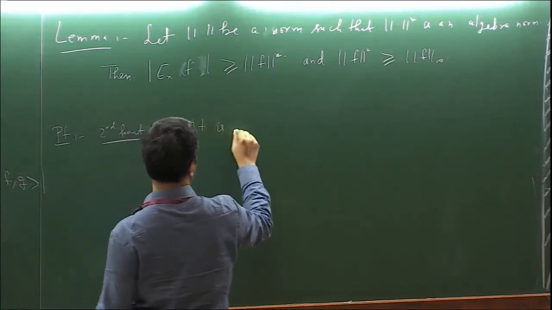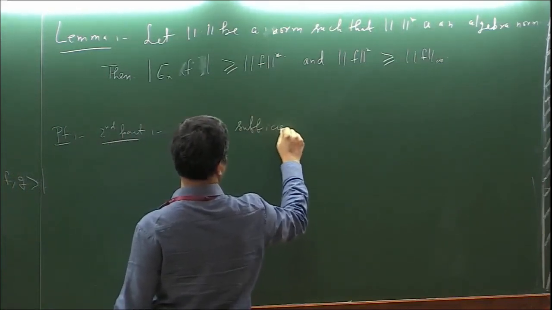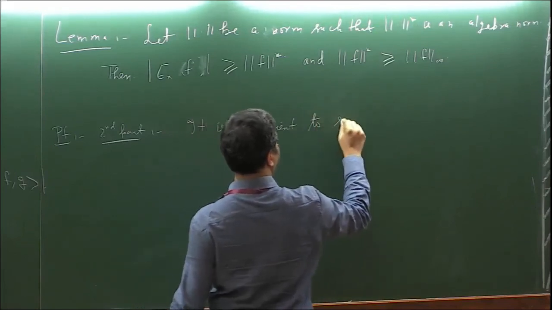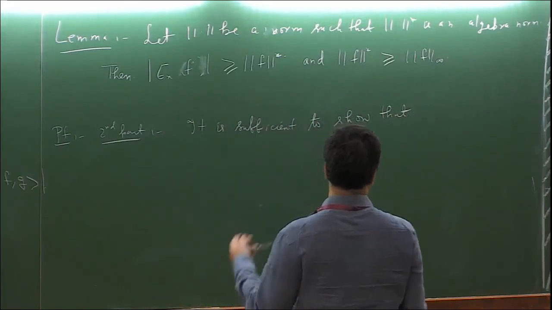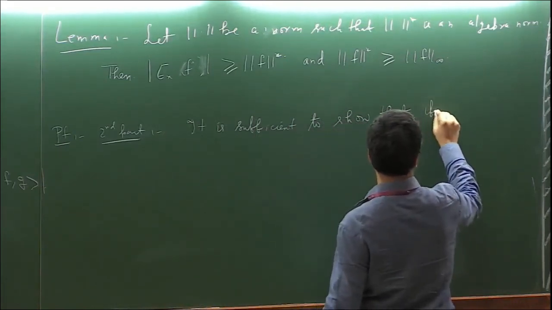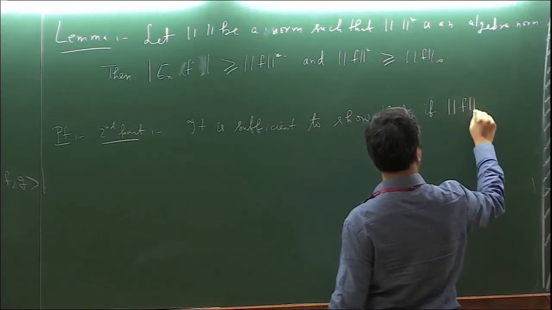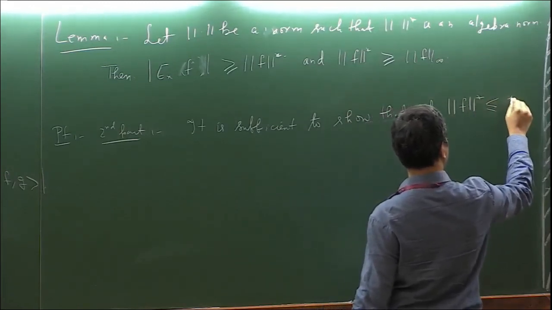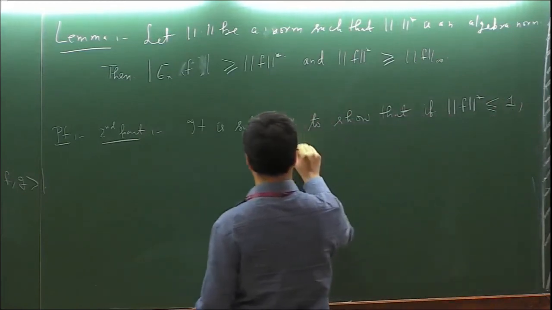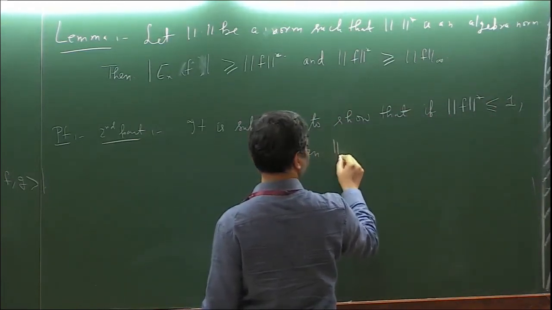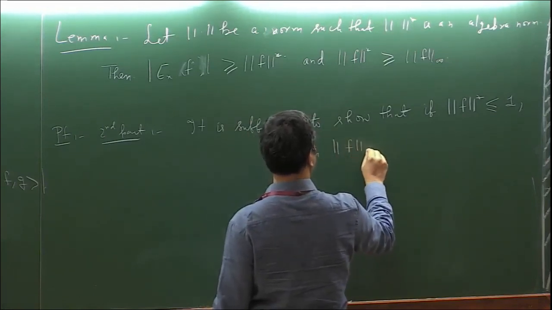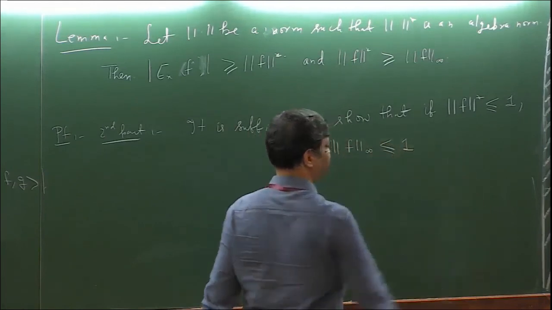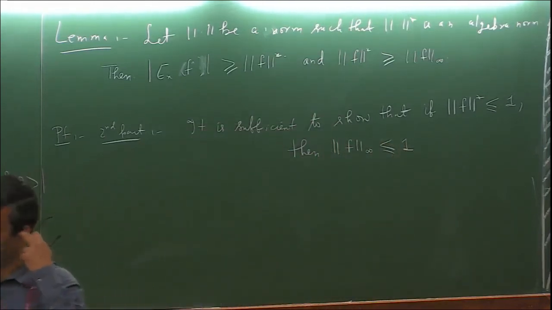It is sufficient to show that if the dual norm of f is at most 1, then its L infinity norm is also at most 1.